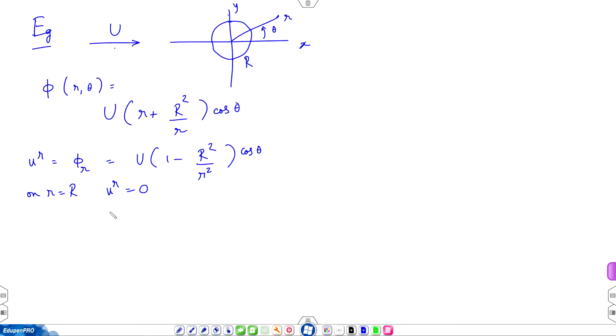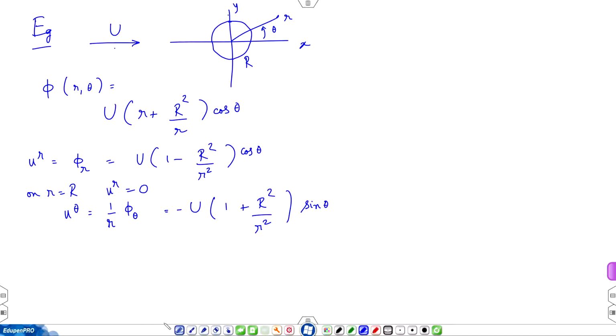So, similarly you can show u_theta is equal to 1 over r times the derivative of phi with theta, which is equal to minus U (1 plus capital R squared over small r squared) sin theta.